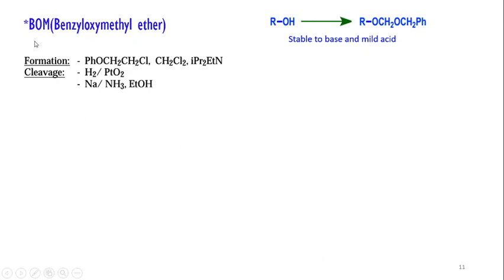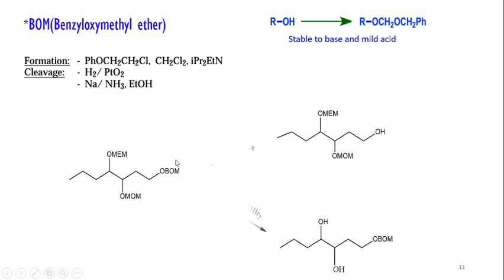Then the third type is benzyloxymethyl ether. In this case, the formation of the benzyloxymethyl ether from alcohol can be done with the help of benzyloxymethyl chloride, and it can be deprotected by means of these reducing reagents.